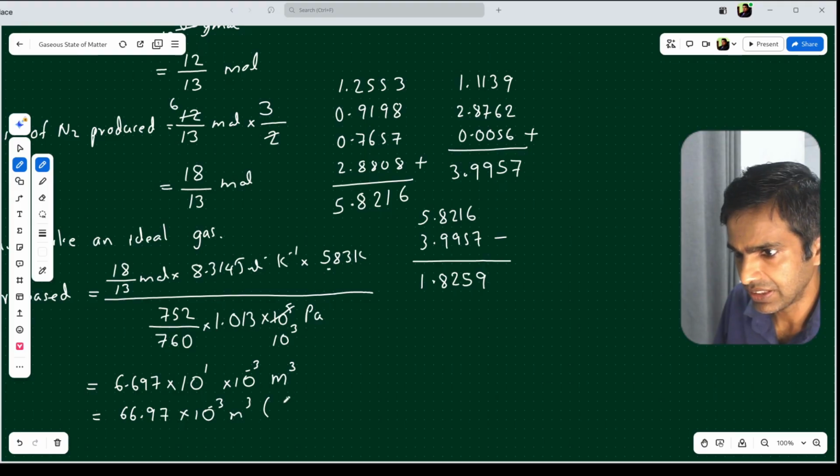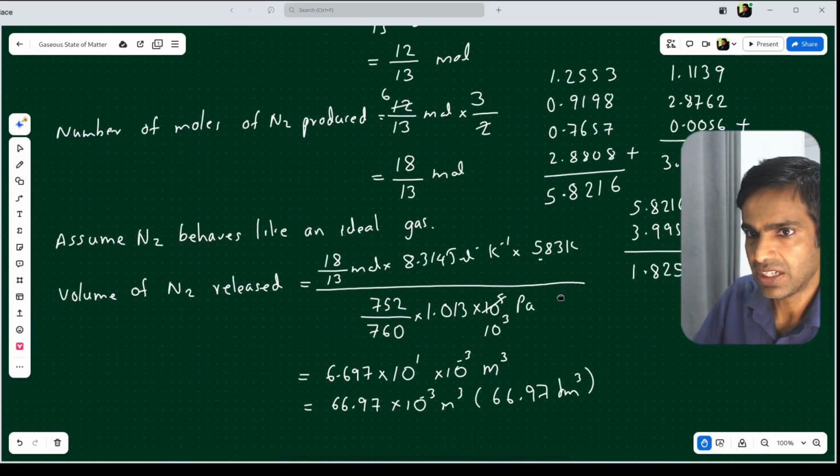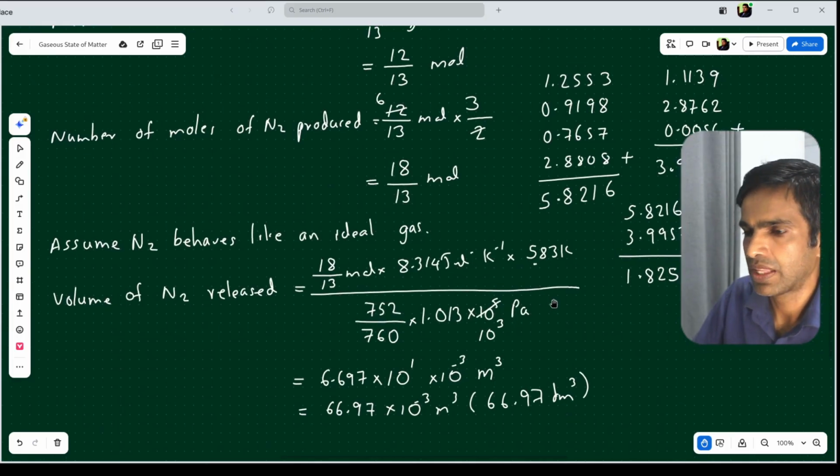In other words, it is 66.97 cubic decimeters. So that is the answer for this question.